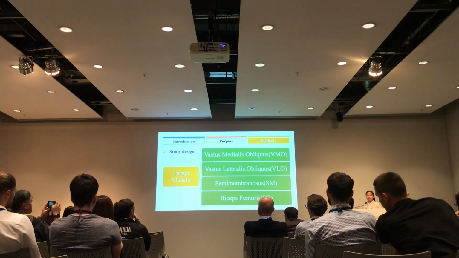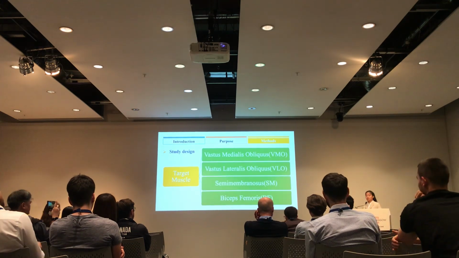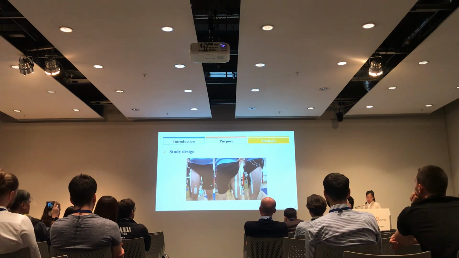The signals will be collected from the vastus medialis obliquus, vastus lateralis obliquus, semimembranosus, and biceps femoris. We use 32 electrodes for signal collection.